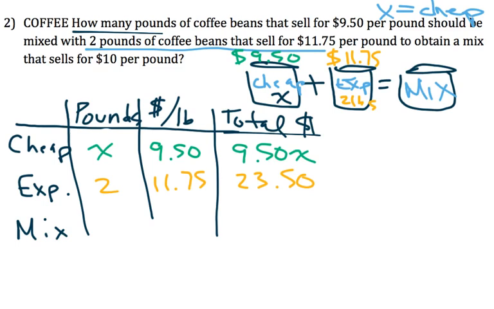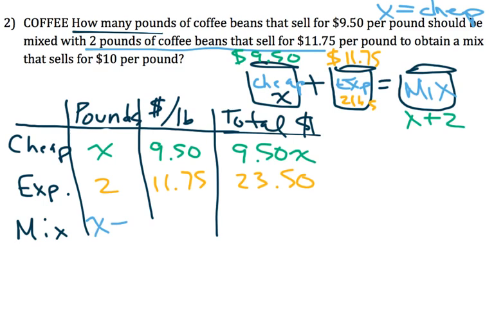Now this is going to result in some sort of a mix, and if there's X pounds here, 2 pounds here, then it's going to be however many pounds there were in the first guy, plus 2. And let's just throw some reasoning behind that. If I had 10 pounds of that, and 2 pounds here, then my total would be 12. That helps this feel a little bit less foreign to me.